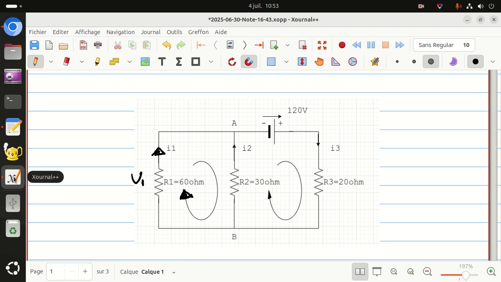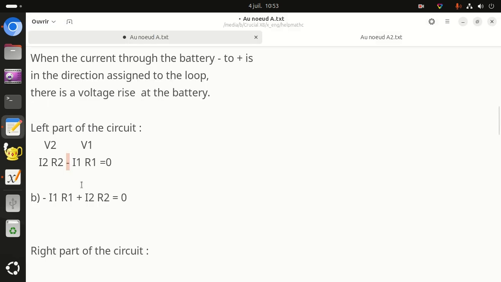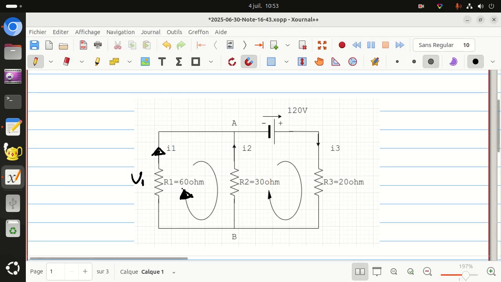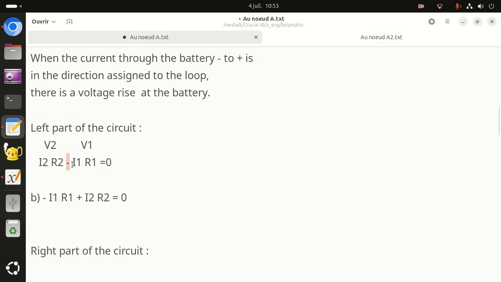Also the voltage drop, and you have a minus sign. In this case, the direction of the loop and the direction of the current is the same. I must write a minus sign.